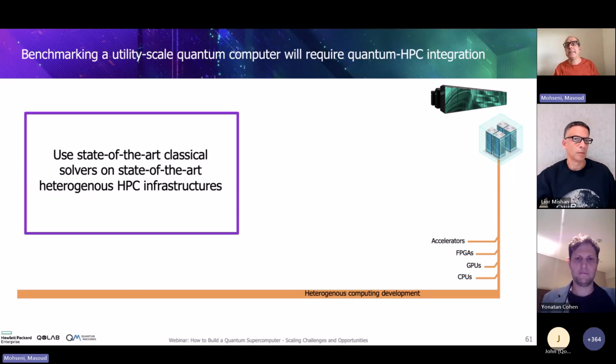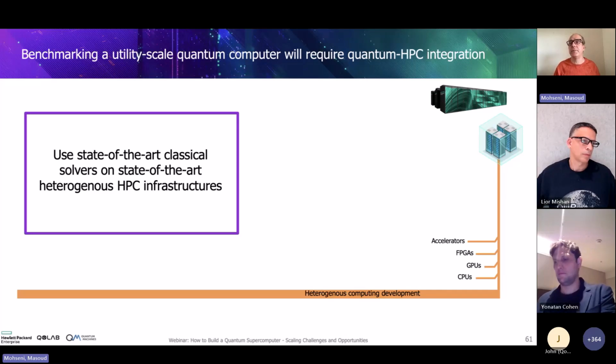So in the last piece, I want to say that not only for building a quantum computer do you need to do HPC integration, but also for benchmarking it. Why? Because the quantum algorithms that would be efficient would be heuristics in almost all cases, and you cannot provide any bounds.